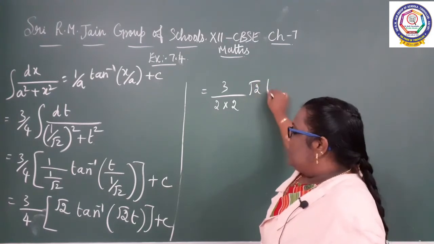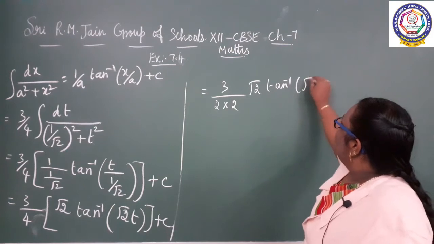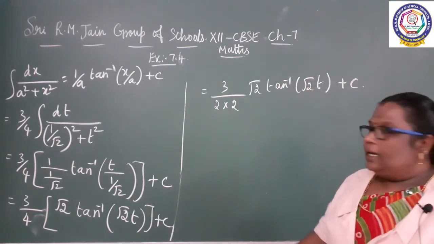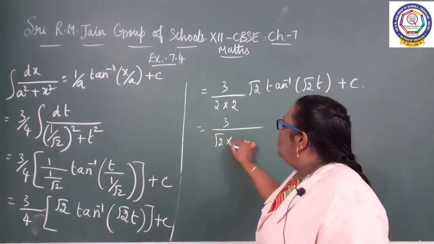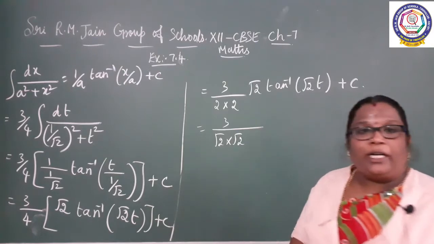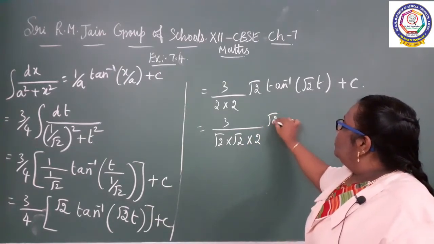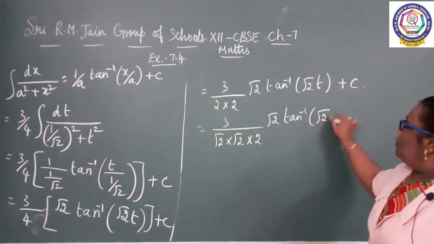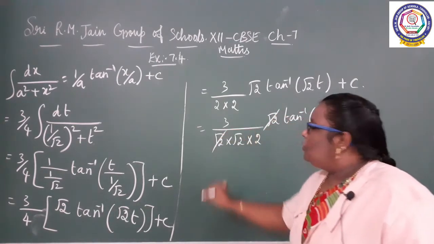Root 2 tan inverse of root 2 t plus c. So that 2 you can split up into root 2 into root 2, 2 root 2 tan inverse of root 2 t plus c. So root 2 gets cancelled.